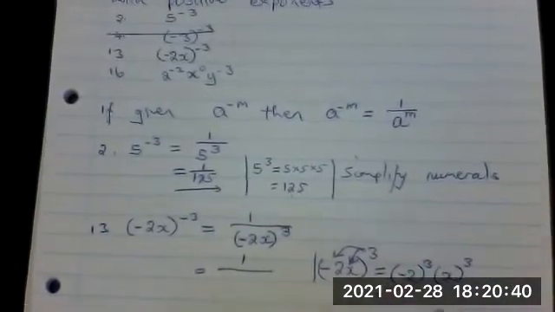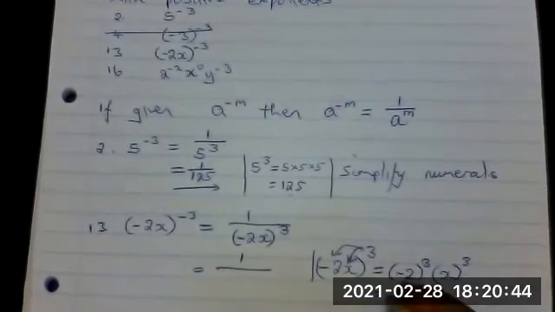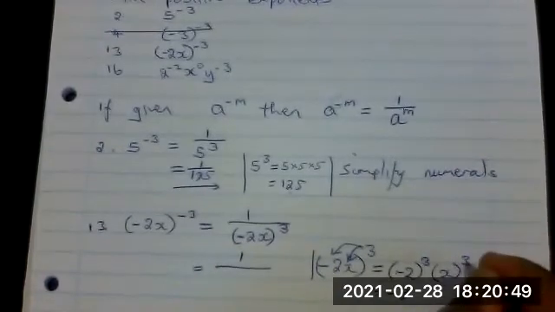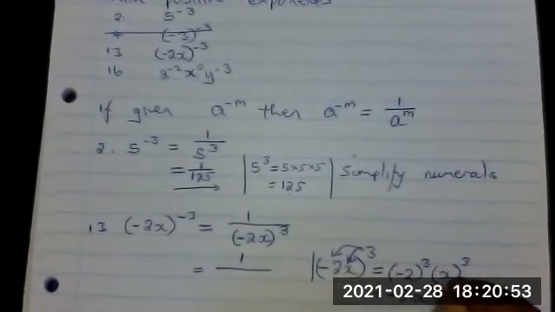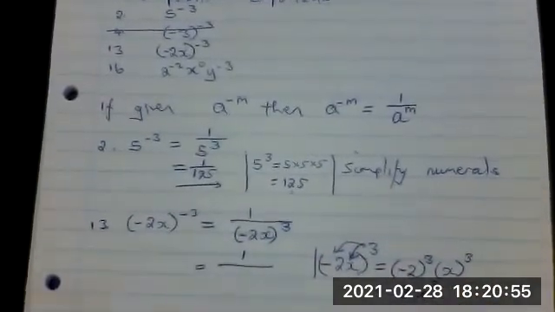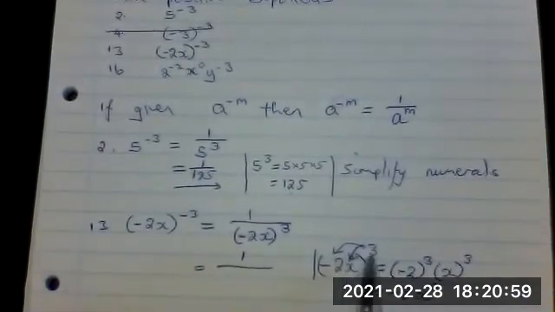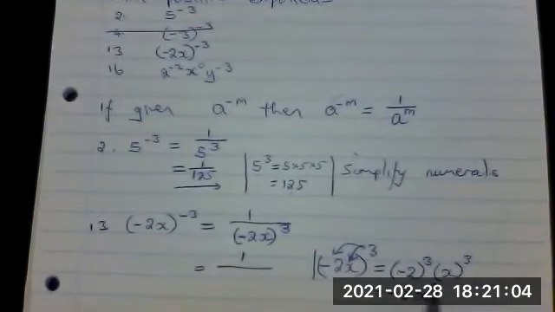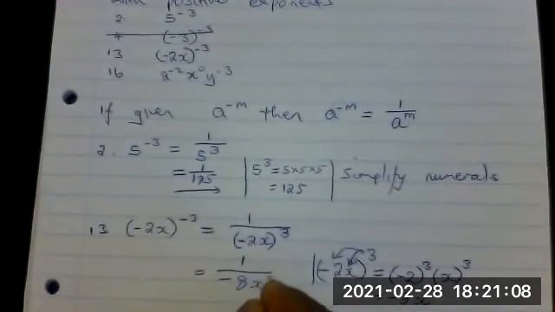When we simplify this, negative 2 to exponent 3 gives us negative 8. Then x to exponent 3 gives us x cubed. So we simplified our negative 2x to exponent 3, which gives us negative 8x cubed.